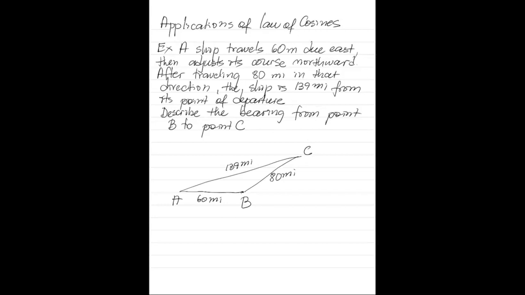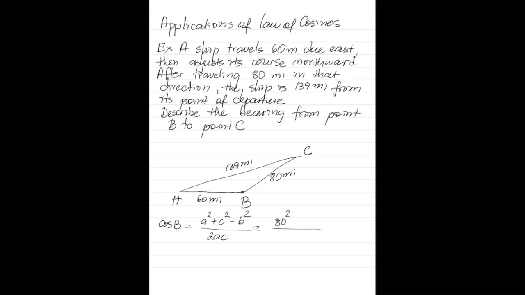To find angle B, we're going to use the law of cosines. Cosine of angle B is equal to a squared plus c squared minus b squared over 2ac. We're using the alternative form of the law of cosines.